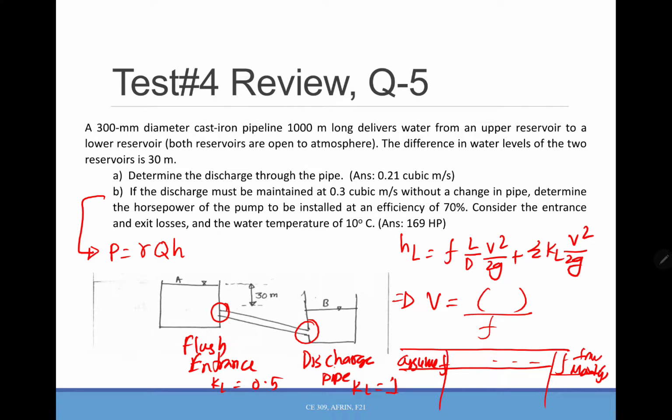Let's, without a change, determine the horsepower of the pump to be installed at an efficiency of 70%. Consider the entrance and exit losses and the water temperature of 10 degrees. So to do this part, you need to find the pump head, and you can again just consider here there is a pump and apply the energy equation between A and B. So that will give you the pump head.